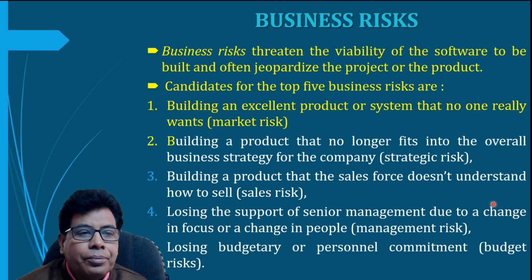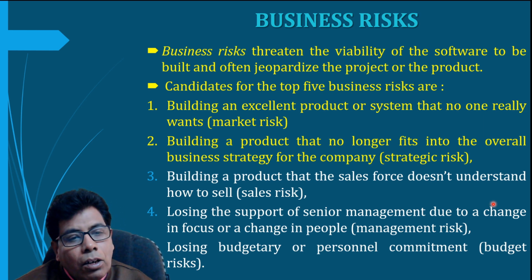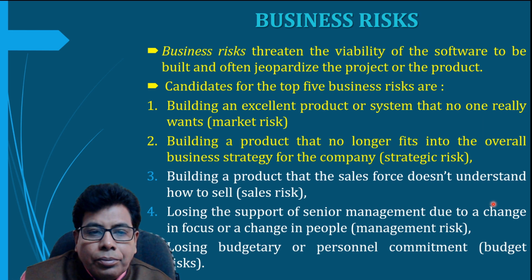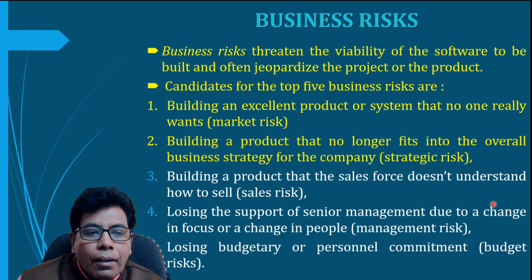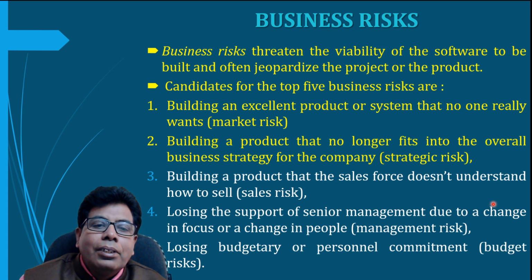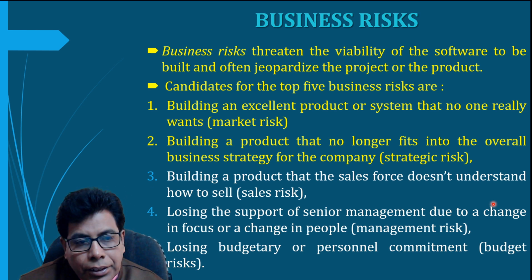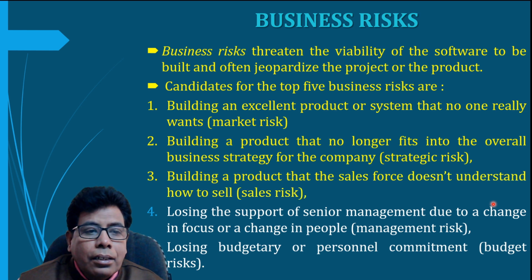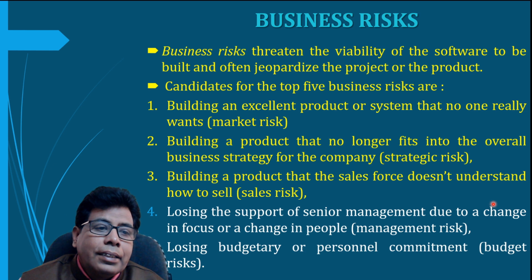Secondly, building a product that no longer fits into the overall business strategy of the company. The product which you are developing should fit into the business strategy of the company. Otherwise it will lead to the strategic risk. Then building a product that the sales force doesn't understand how to sell.